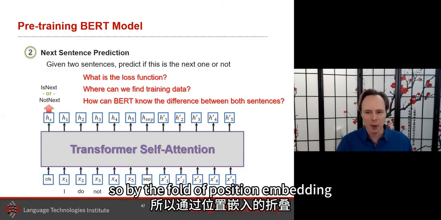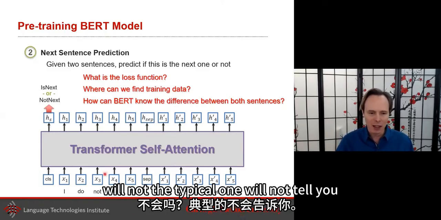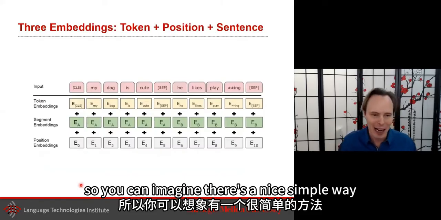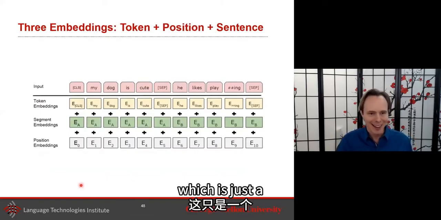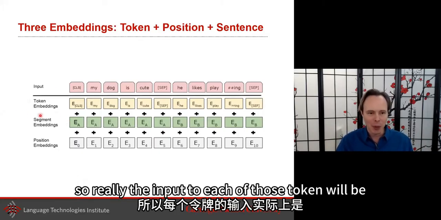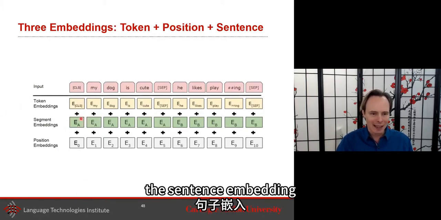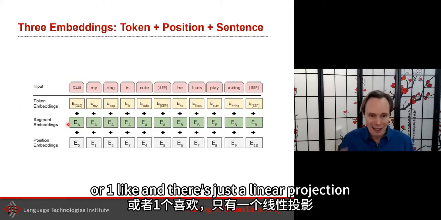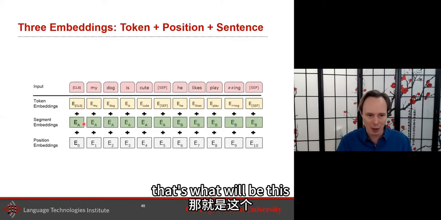So by default, the typical position embedding will not tell you that this is a different sentence than this one. So there's a nice simple way, which is just a sentence embedding or segment embedding. The input to each of those tokens will be the sentence embedding, which could be just a one-hot: is it the first sentence, 0 or 1? And there's maybe a linear projection on top of that.